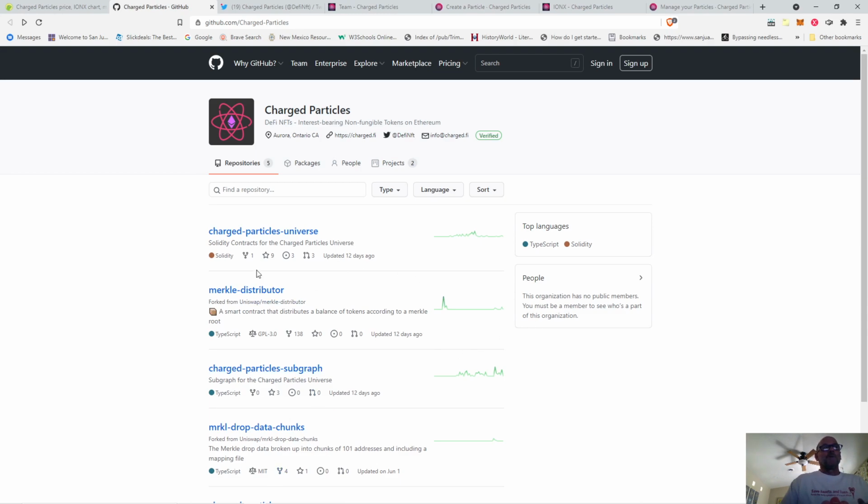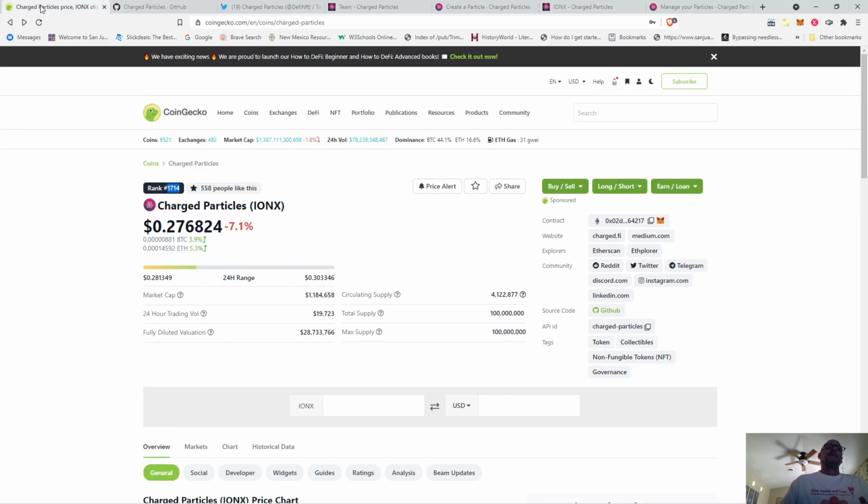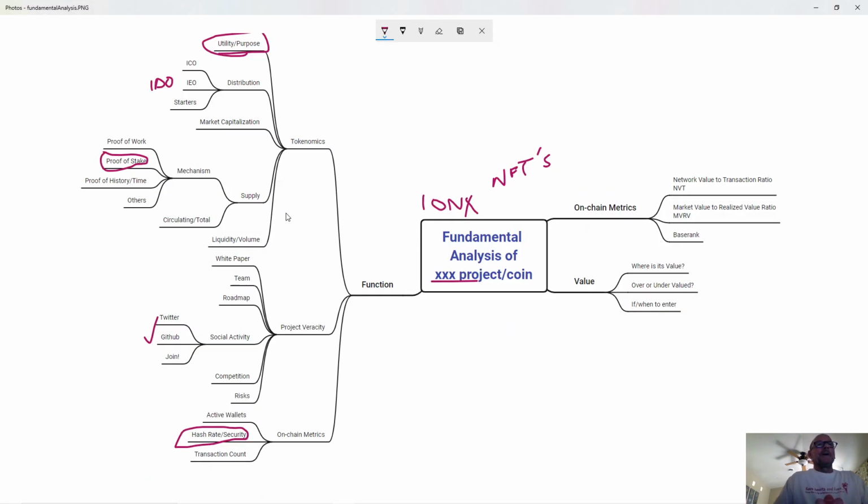It's developed and well working. It doesn't look like a rug pull anyway. That's all I can gather out of that. Okay, so back to here. So yeah, I give that a check.